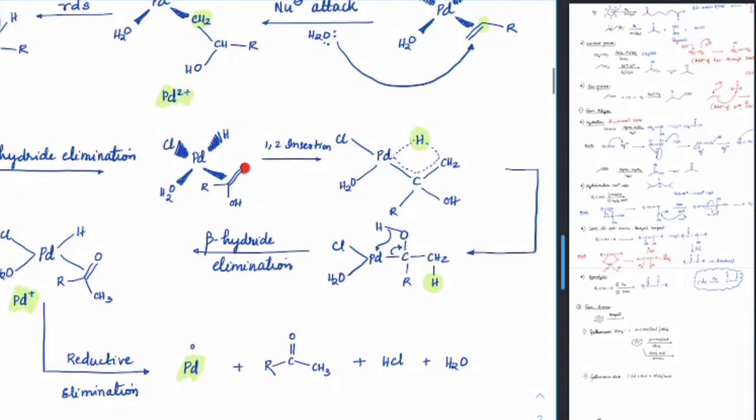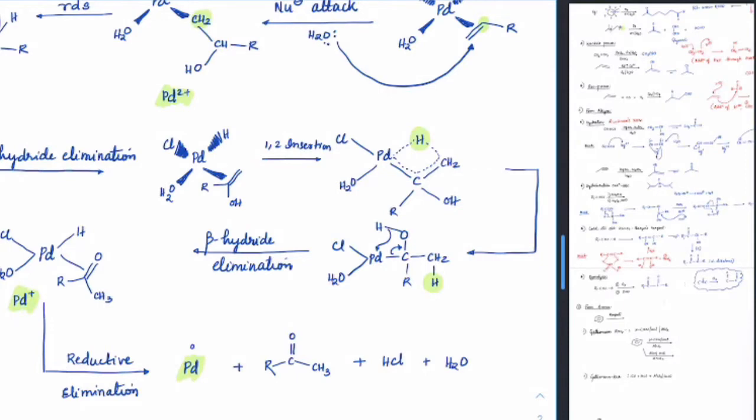You can see this CH2, HPd and this carbon would make a cyclic transition state here, in which this hydride will shift onto this part, and this carbon with the double bond, which is with palladium, will start making a double bond formation here.